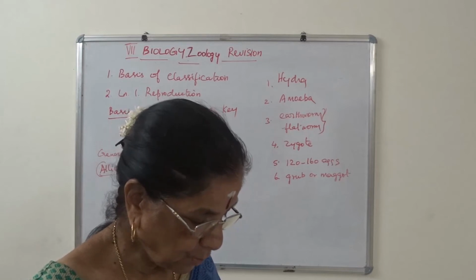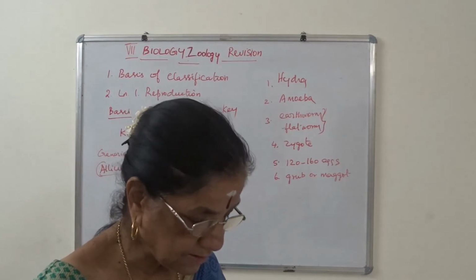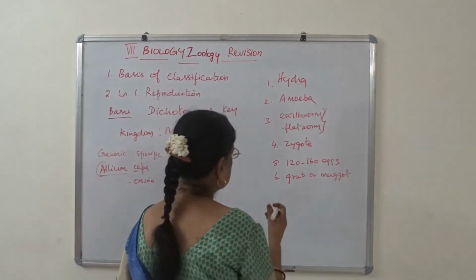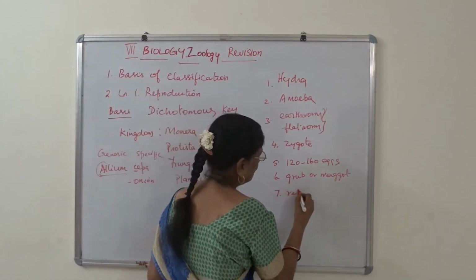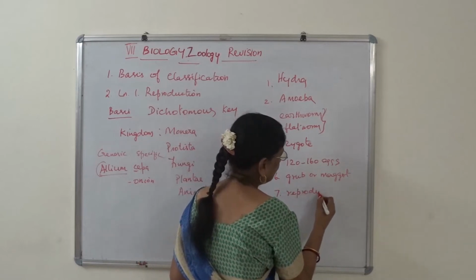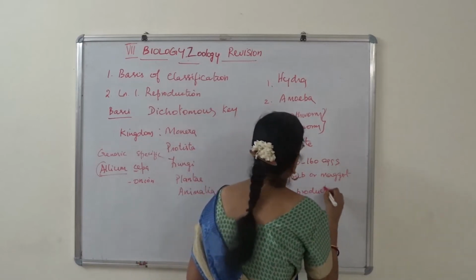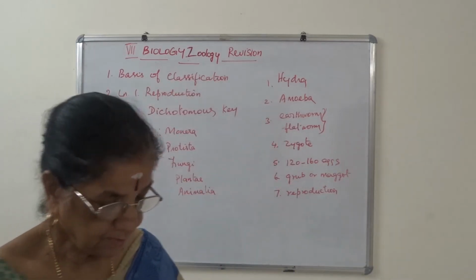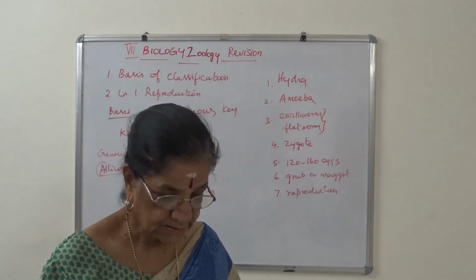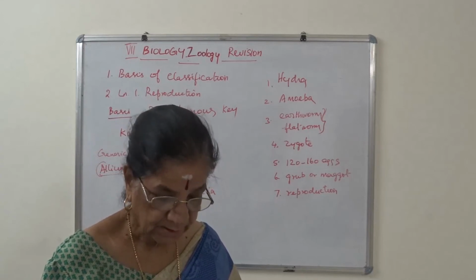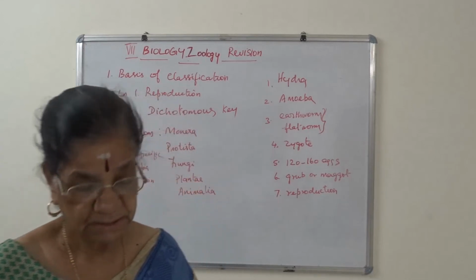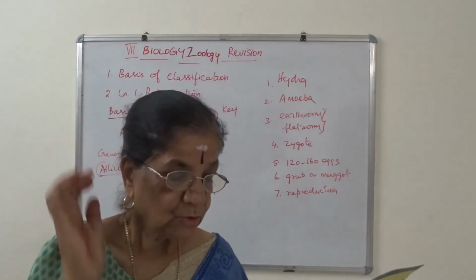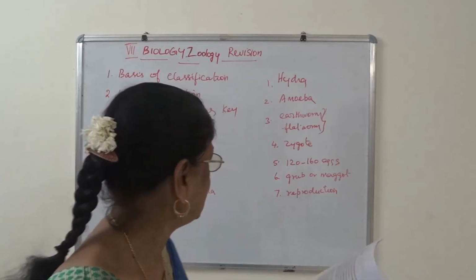The inherent property of living organisms to perpetuate their race is called reproduction. I hope you follow. So this is for fill in the blanks.